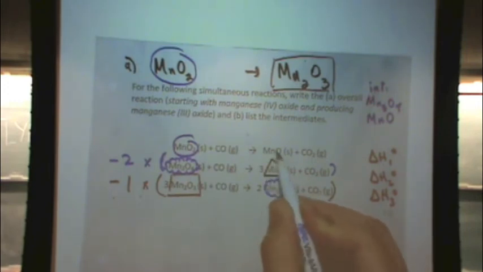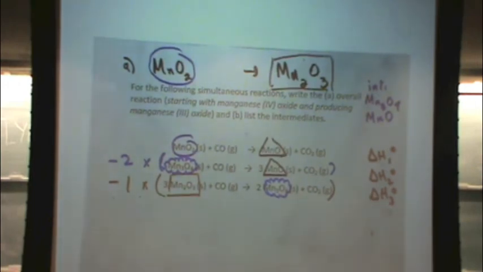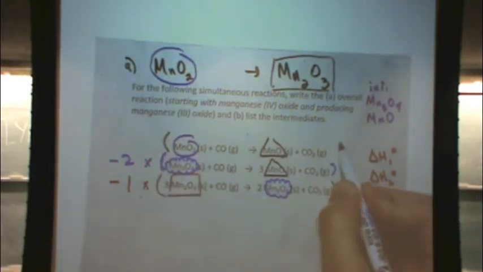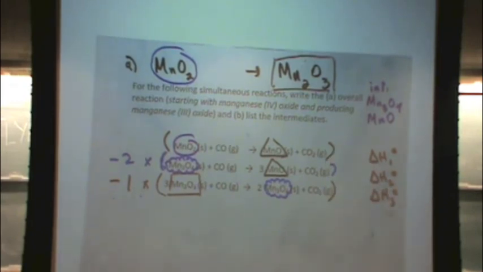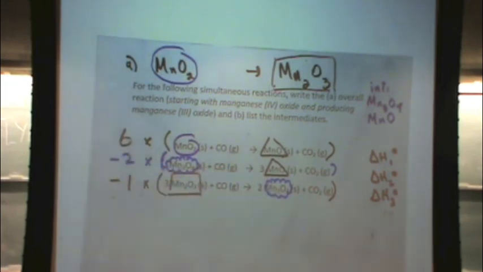Triangle. There we go. Right now I have how many of these? -6, so I need to multiply that one by, was it positive or -6? Positive? Okay. Sounds good.